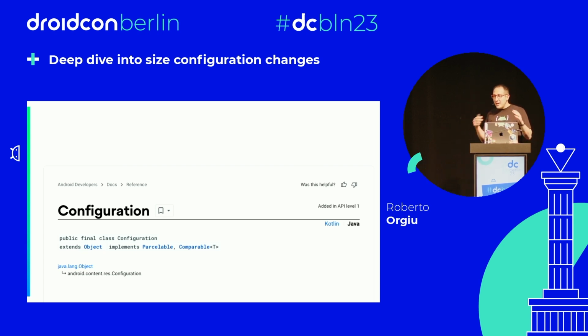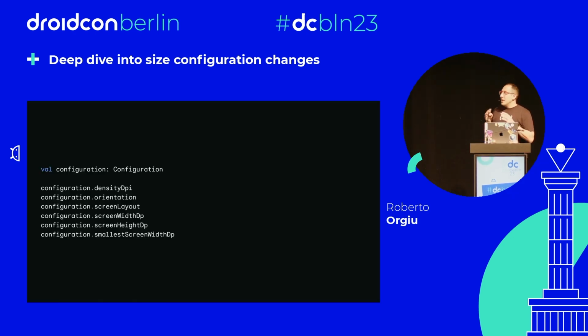So if you think about anything, probably it has something to do with the configuration. OK, the pieces of configuration that we are focusing on in this talk are all related to size. Or actually, rather than the size, how much area the activity has to render on the display.